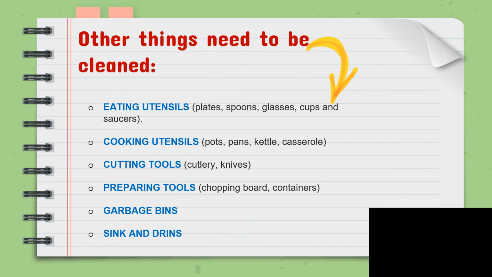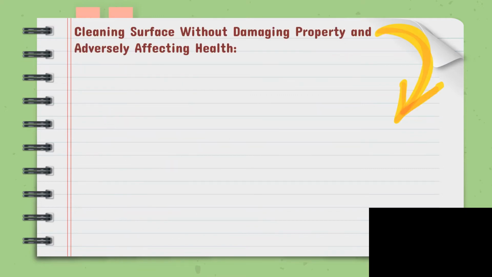Ayan. And then, the next topic is the cleaning surface without damaging property and adversely affecting health. So, this is how we clean na hindi daw masisira or maaapektuhan yung ating mga kitchen premises or even our health.